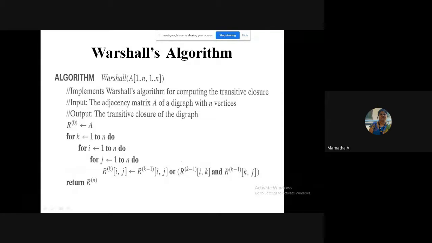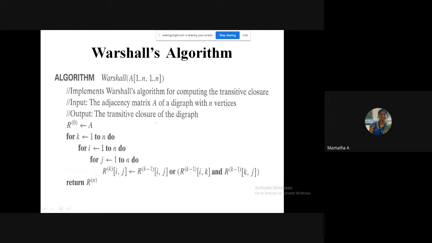R0 till Rn. And you all know that R0 is nothing but your adjacency matrix, and Rn is your transitive closure. That is R0, R1, R2, R3 goes on till Rn.